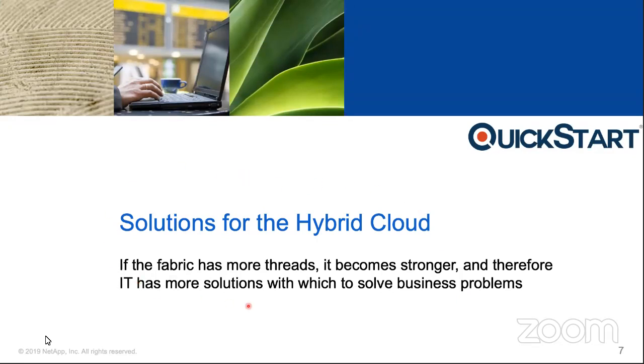So the solutions for the hybrid cloud, as you can identify right here, the more endpoints that we have, the better, right? Why? Because eventually you can say, hey, I want to run my business analytics in one hyperscaler.